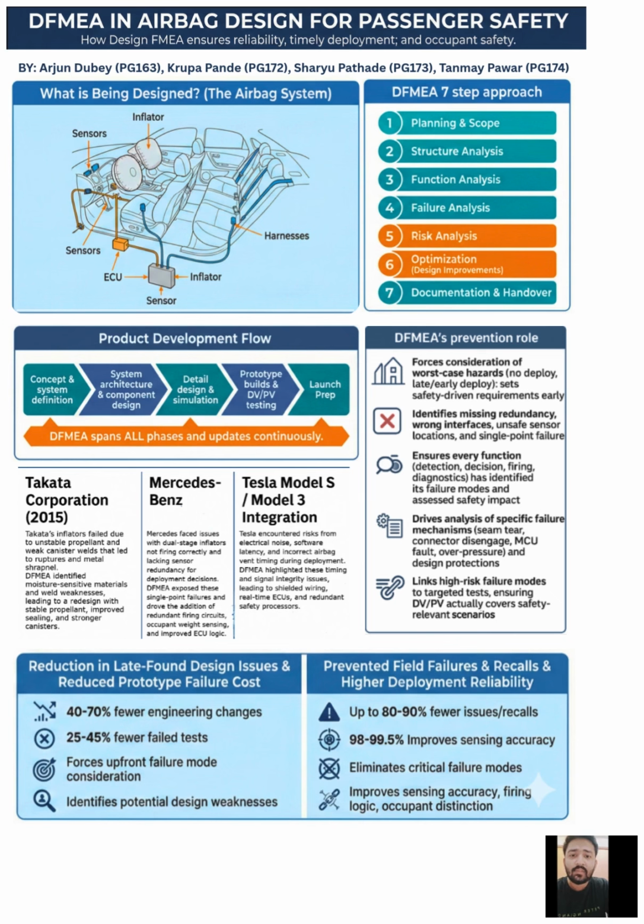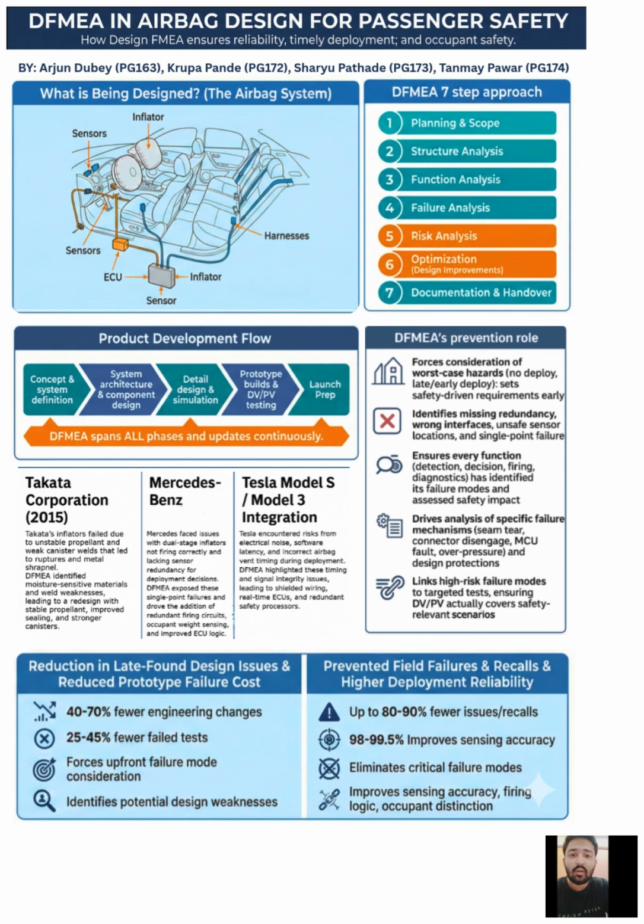After that comes prototype building and DV/PV testing. DV testing means design verification and PV means product validation. This phase includes real crash tests, environment testing, vibration testing, electrical tests, and timing checks to make sure that the airbag works reliably in every scenario.